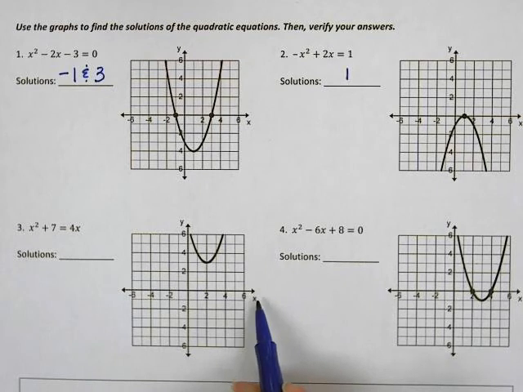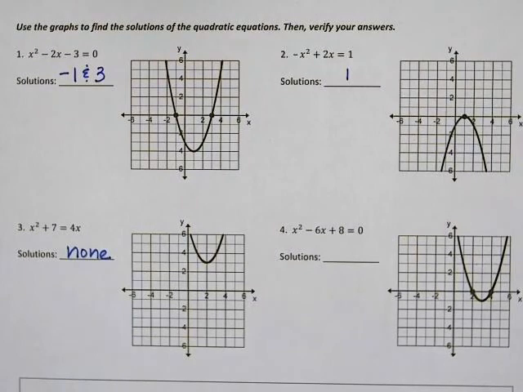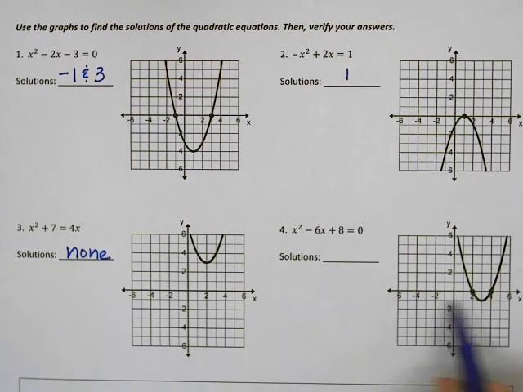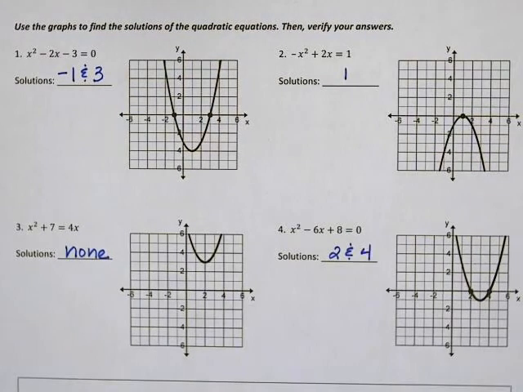And if it does not cross, then there are no solutions. None. And lastly, number 4, where does the graph cross the x-axis? It's here, and that is at 2 and 4. So it's super easy to find solutions by looking at a graph.